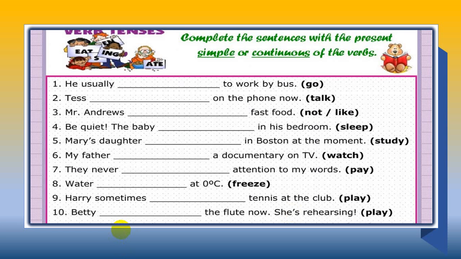Complete the sentences with present simple or present continuous of the verbs. Number 1. He usually blank to work by bus. We want to put the verb go.